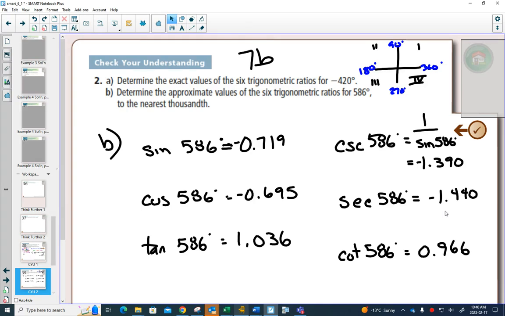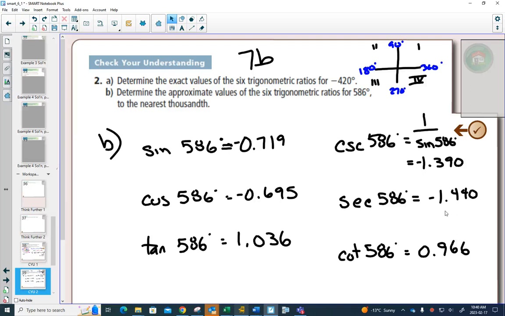You could also use your CAST rule to figure out this is in quadrant 3. Notice, when you did sine, cos, and tan, that only tangent was positive. According to your CAST rule, what quadrant is that? Quadrant 3. Right?